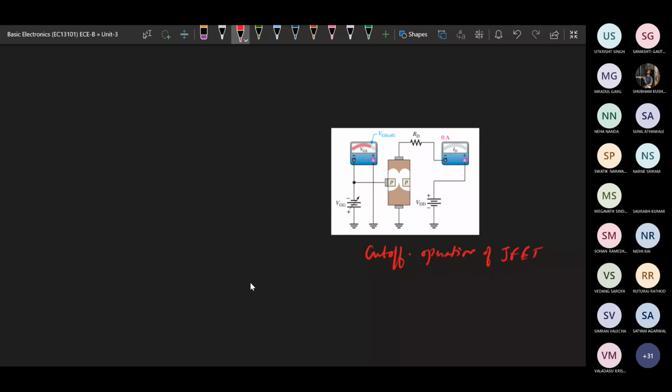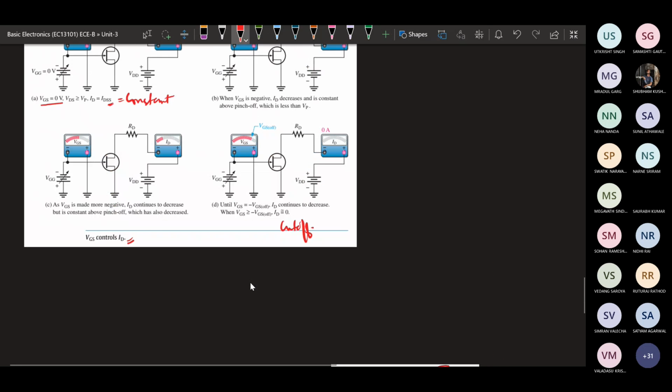Here, this is the VGS we are applying, that is the VGS(off) value. At that time, the depletion regions have reached and touch each other, and there is no channel here. The channel width is 0, similar to the case where pinch off was taking place. So here also the channel width is reduced. At that time, the current flowing through the drain region will be 0. So this is the setup for the cutoff operation of the JFET.